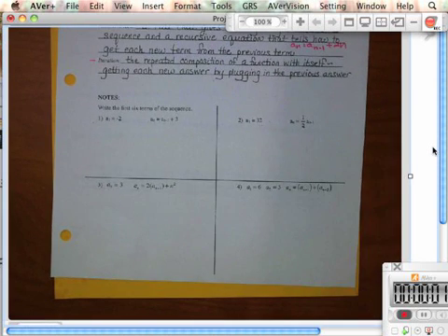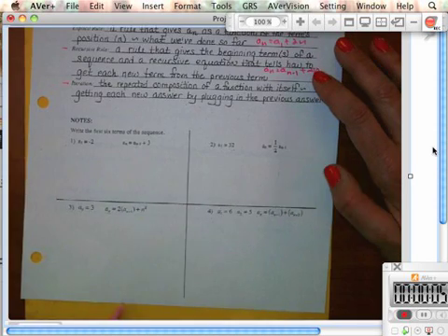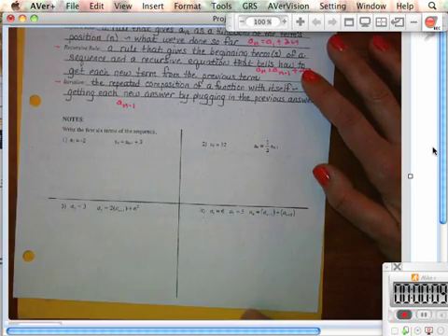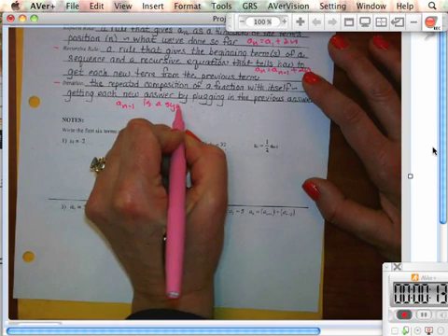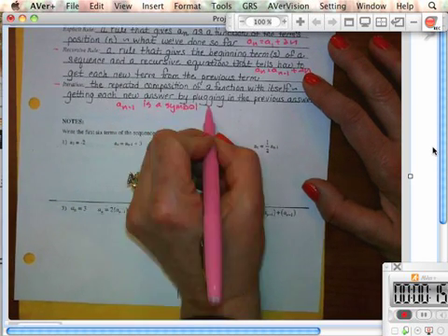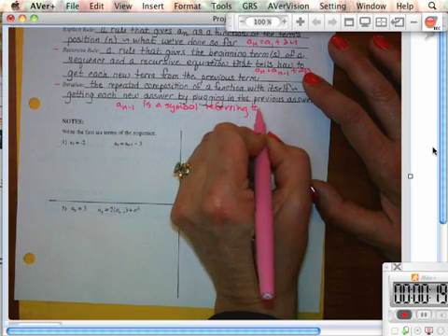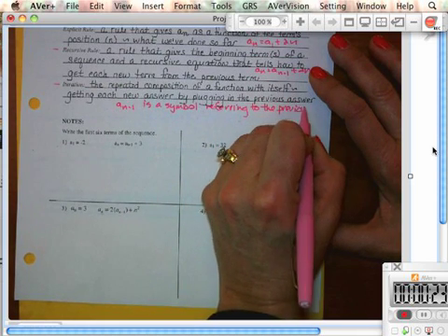So write the first 6 terms. Oh wait, let me have you add something here. Just for a reminder, a sub n minus 1 is a symbol referring to the previous term.